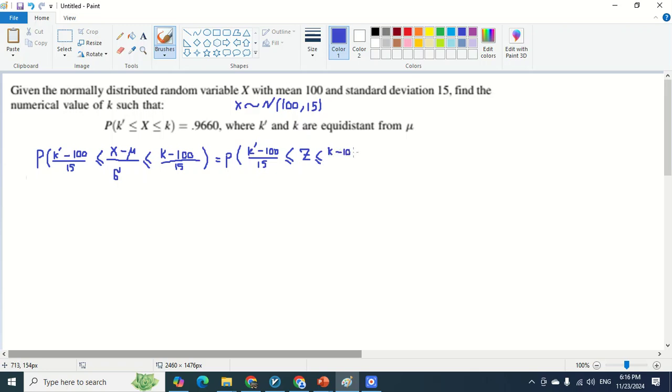Again over here we have a similar discussion: if we rewrite this expression and sketch the diagram, I can rewrite this value as 1 minus 2 times a tail, and the tail over here is the probability of z less than the smaller value over there, meaning less than or equal to k prime minus 100 over 15.